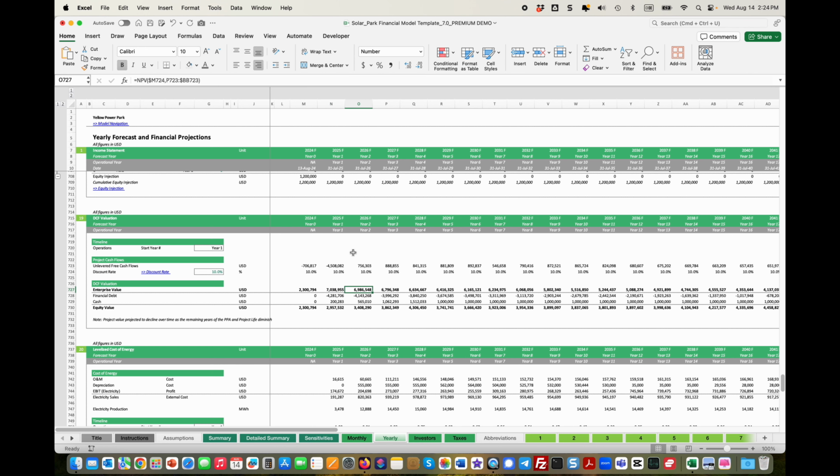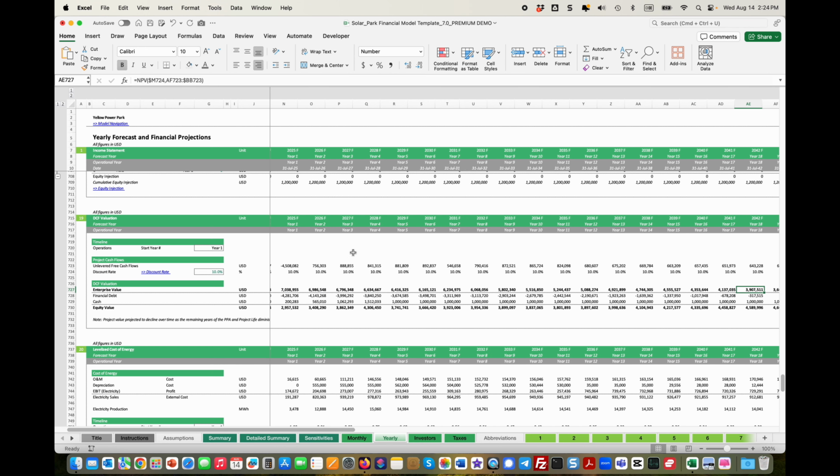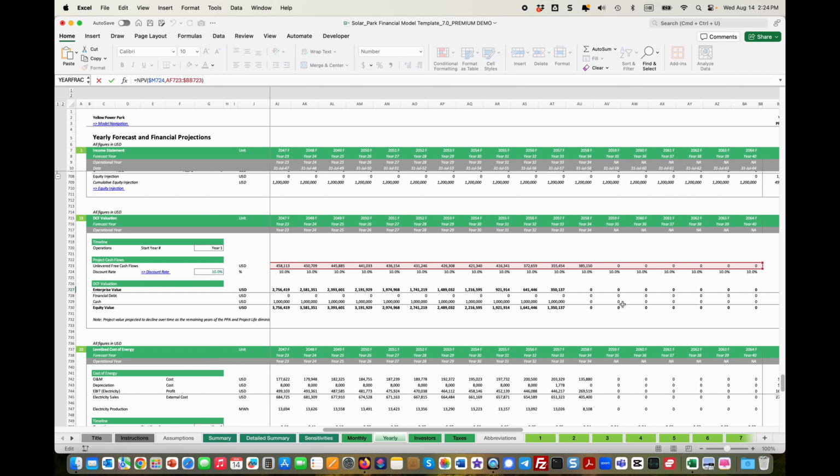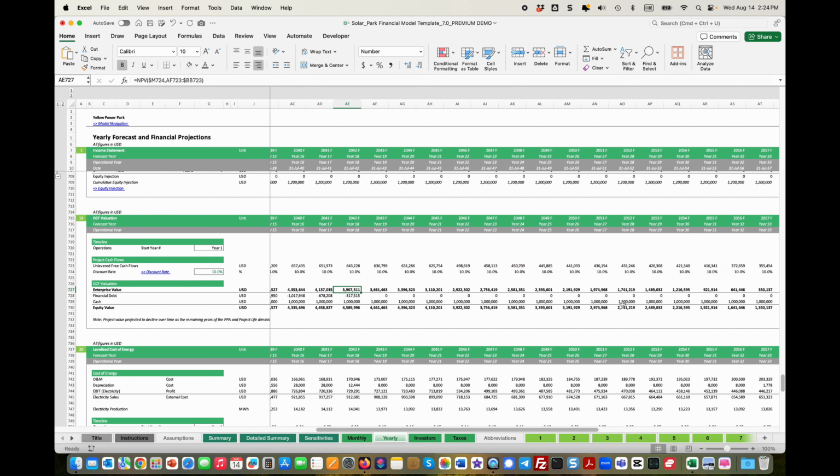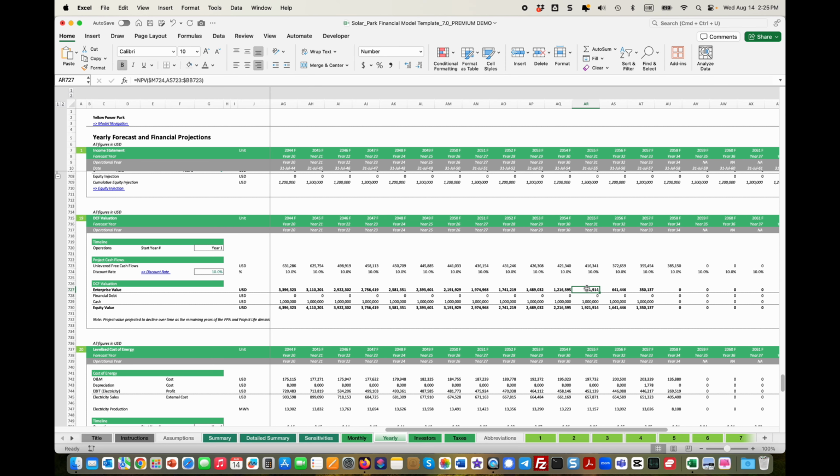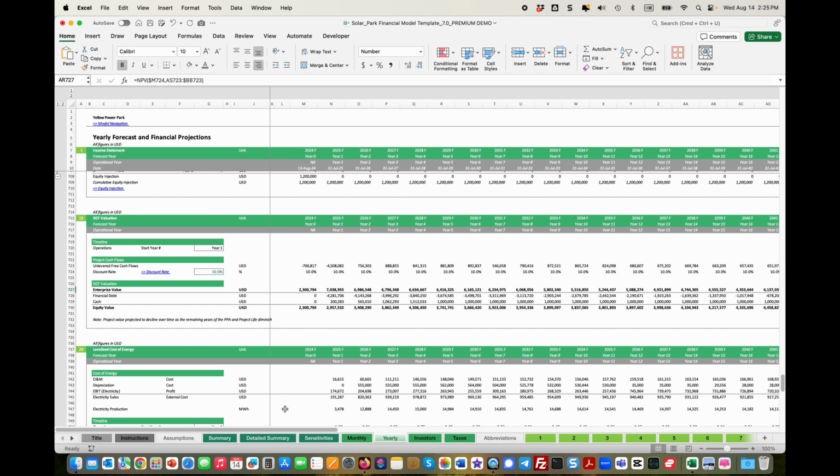And now the interesting thing is that you can see that this enterprise value will go down. Why is it going down? Because we're including fewer and fewer years of remaining cash flows. So at the end of the lifetime, there are only a few years left of free cash flow generated, and we discount them, so the value will go down over time.